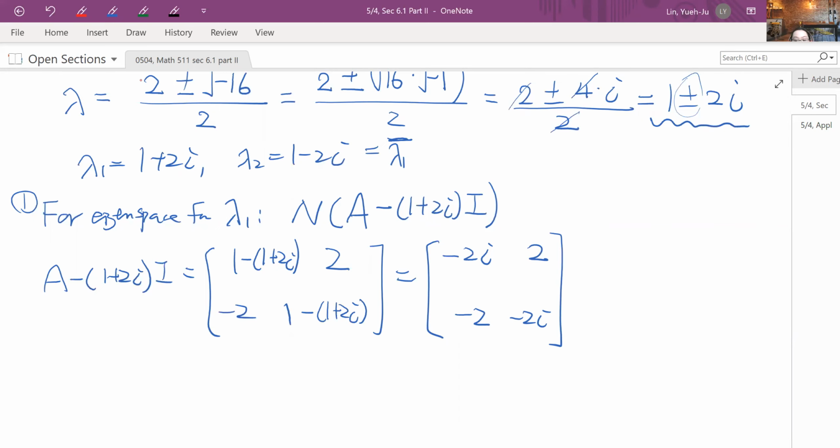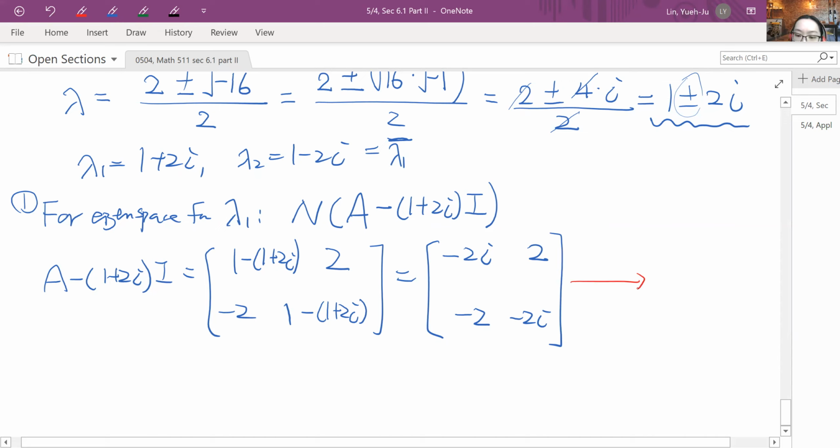So you should simplify this a little bit more. I'm going to simplify this by dividing the first row by minus 2. There are so many ways you can do this. And the same thing here, dividing by minus 2, just to make it slightly easier. So this will be minus 1 here, and this would be 1 and i.